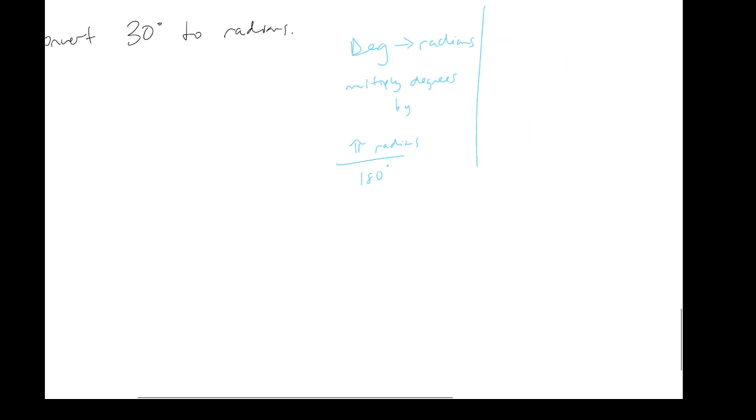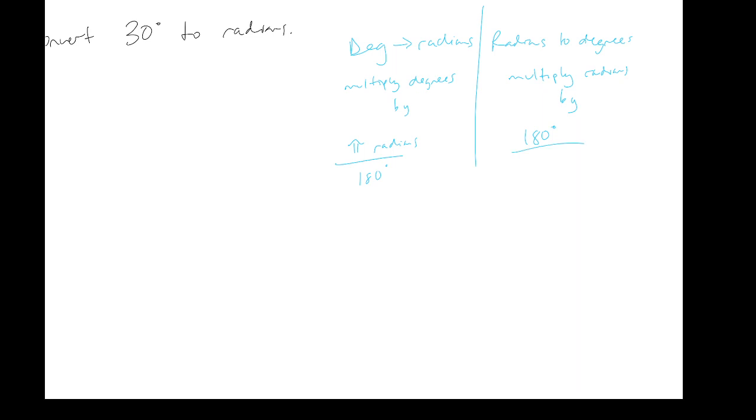Okay? And to go from radians to degrees, you're going to multiply your radians by 180 degrees. So it'll have 180 on top versus pi radians on the bottom.